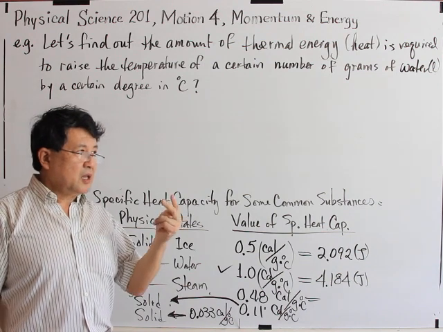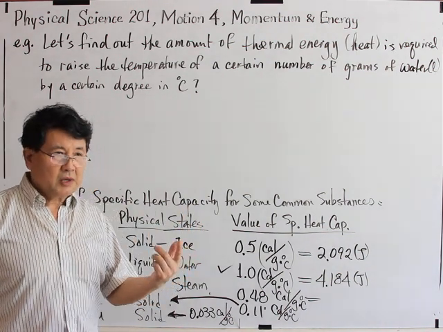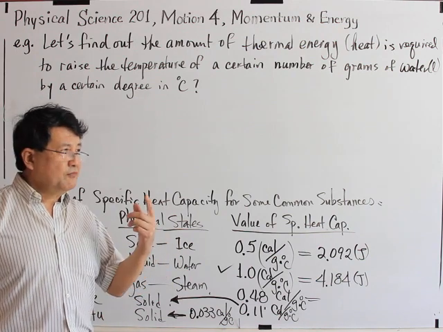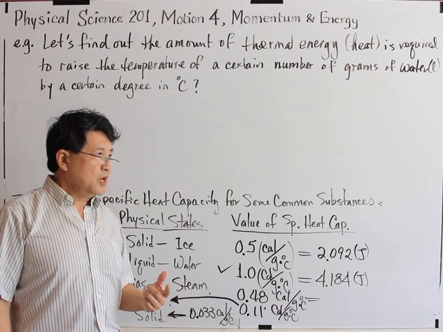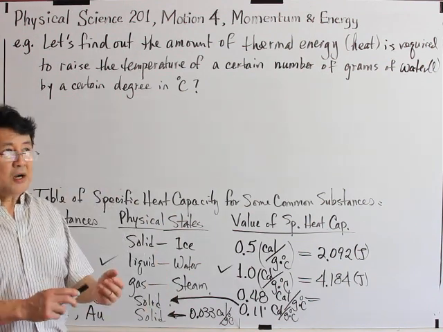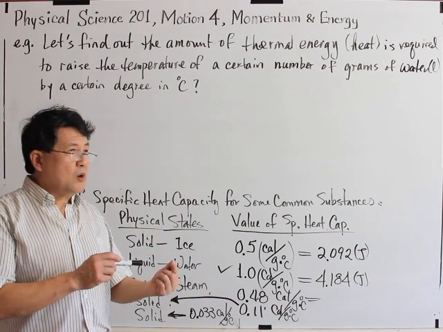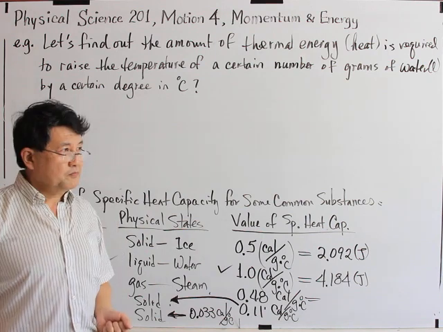And then we can keep on going. 1 gram water raised by 5 degrees, we need 5 calories. If we want to raise 1 gram water by 100 degrees, how many calories do we need? 100 calories, correct?